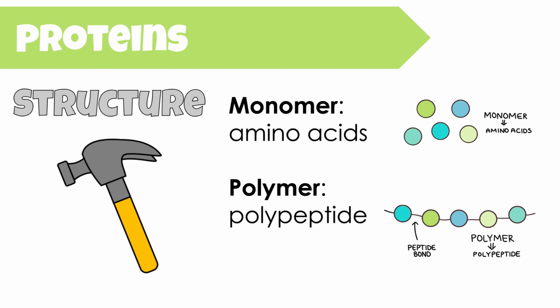So poly again meaning many, peptide referring to the peptide bond that is holding these amino acids together. So polypeptide is just referencing that many different amino acids are held together by those peptide bonds. But again, depending on the combination of the amino acids that join together, we would be looking at different types of proteins themselves. They would each have a different name.